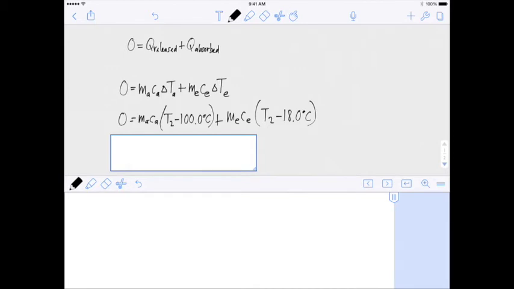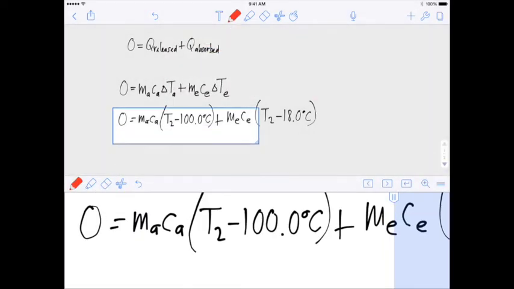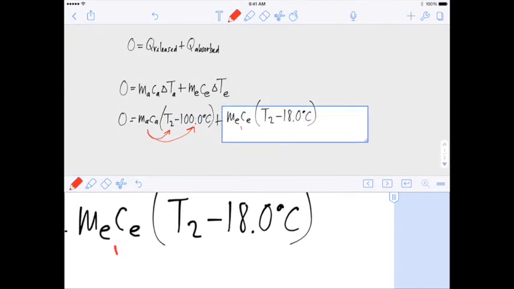T2 is in 2 spots in this equation, so we're going to have to use the distributive property. So we're going to multiply MACA times T2 and MACA times negative 100 degrees Celsius. Then we'll multiply MECE times T2 and MECE times 18 degrees Celsius.